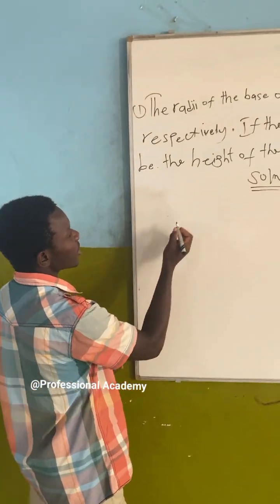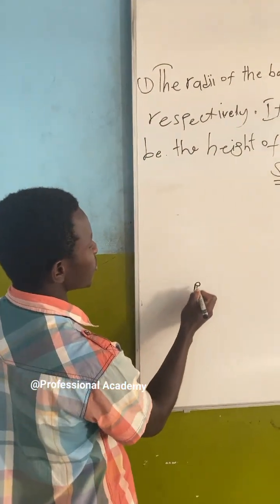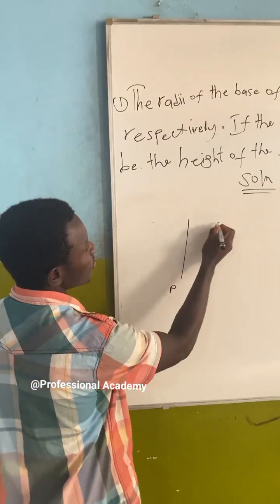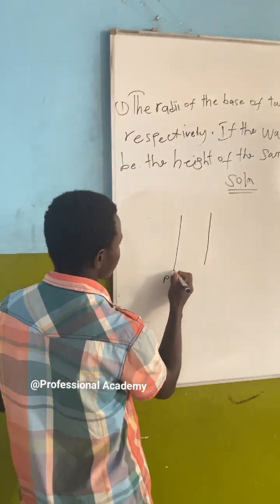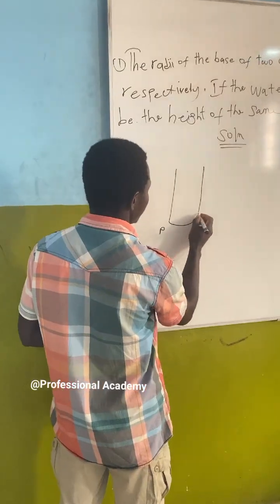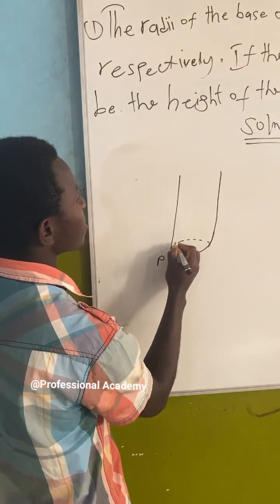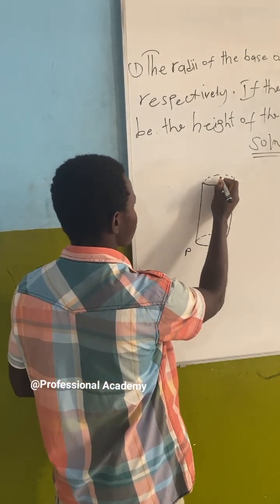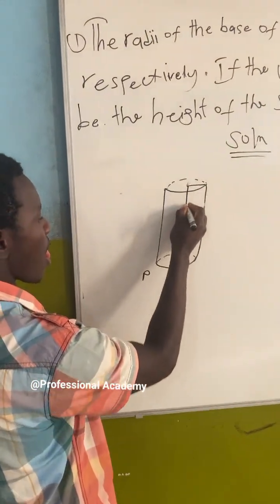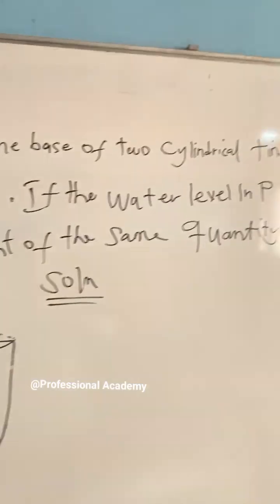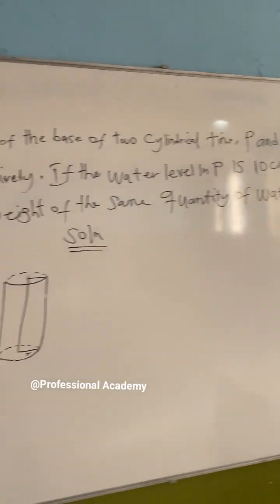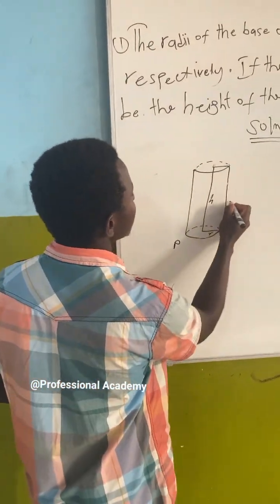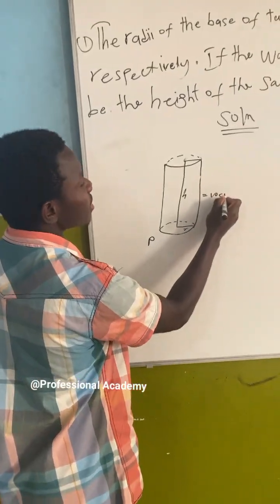So, solution. Let's try to draw the shape of cylinder P. Let's say this is our cylinder here. This is the radius r, and the height is the h we are looking for, and it is given here to be 10 centimeters.